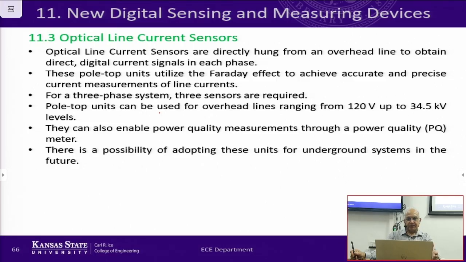So if you think about it, you want to use a PMU, which is very highly accurate in terms of measurements, but the input to the PMU is actually coming from the current transformer. So you have already put error in your measurements, because the PMU cannot directly measure the current. It has to have a current transformer and a voltage transformer in between, and they have error. So if you want to increase the accuracy of PMU, you have to use sensors which are more accurate.